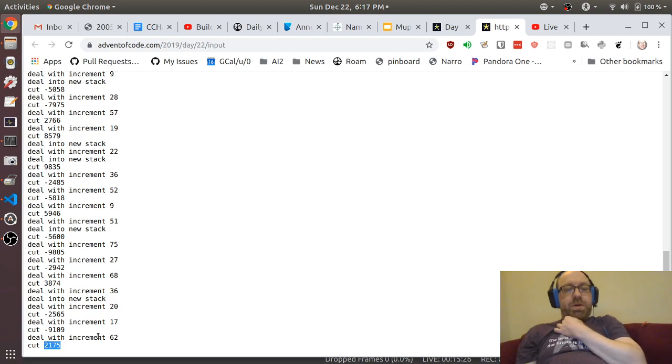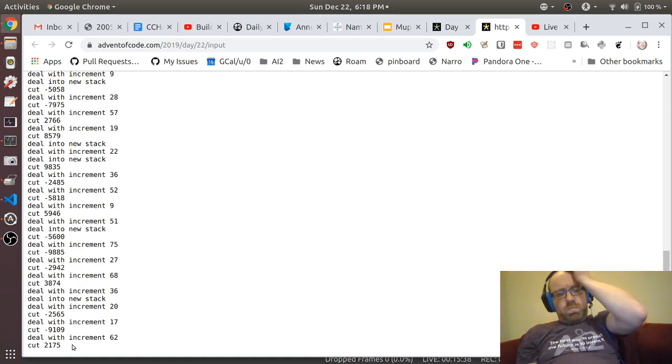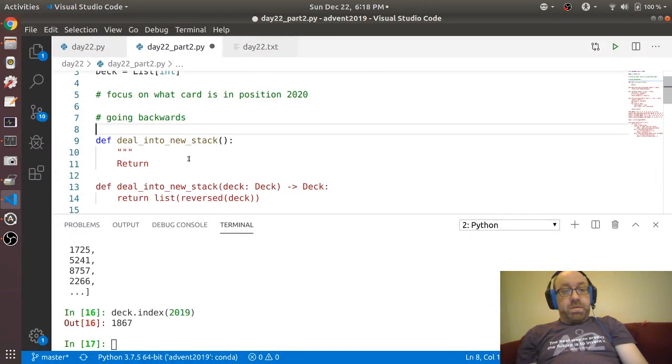So like if I do cut 2175, this is at position minus, then I get the one at that many before. Deal with increment 62. I can figure out what position it's coming from, what position it's coming from, and so on. So let me approach it that way.